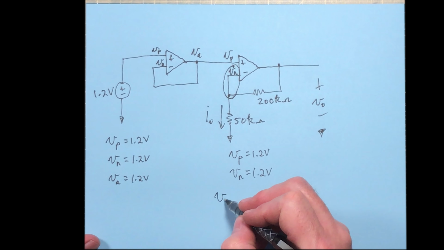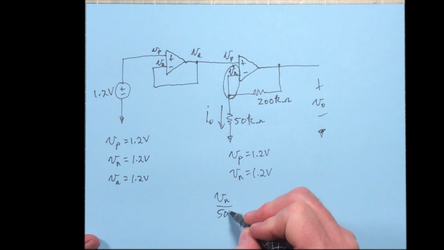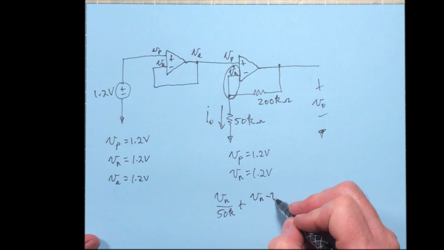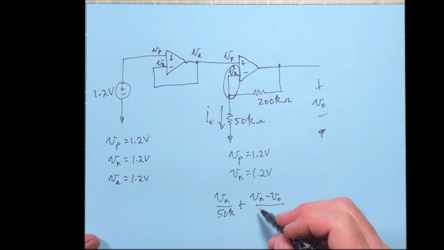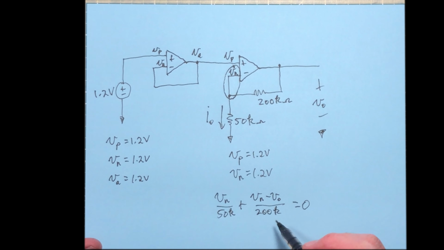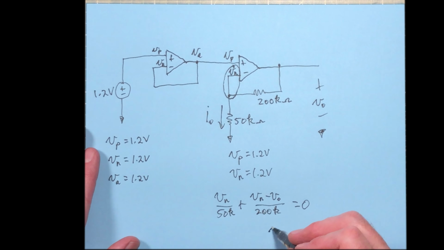So V sub N over 50K plus V sub N minus V output over 200K has to equal 0. All right, we can solve for V output out of that. V output then is going to be 200K over 50K V sub N plus V sub N.